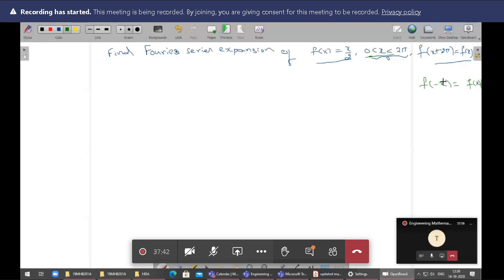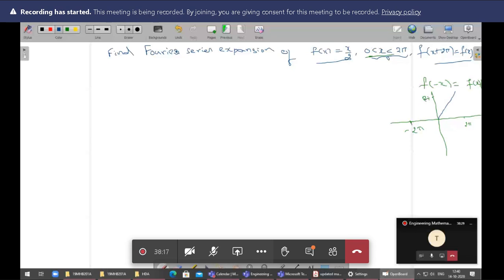And since it is a periodic function, if you draw the graph of the periodic function, obviously, 0 to 2 pi, and this is 2 pi, sorry, pi, again if I take minus 2 pi. So the graph of this function f of x in this interval 0 to 2 pi is a straight line, with the maximum value pi.